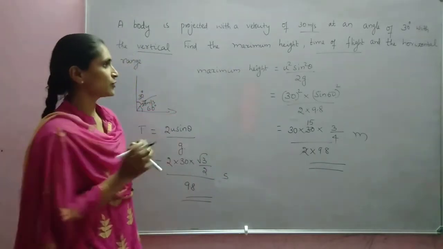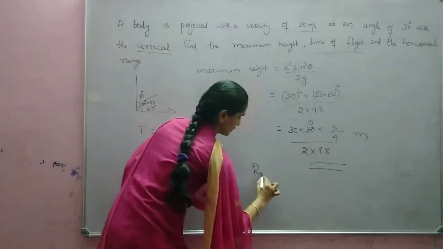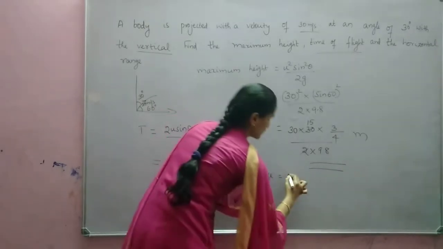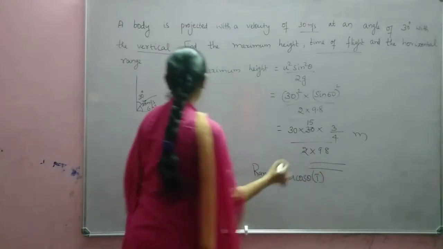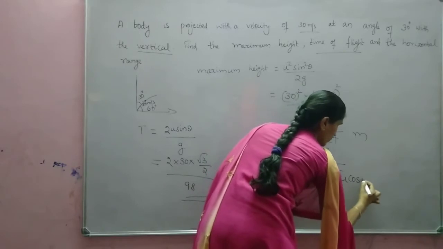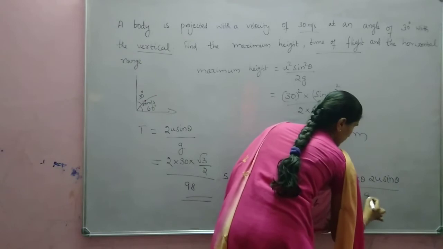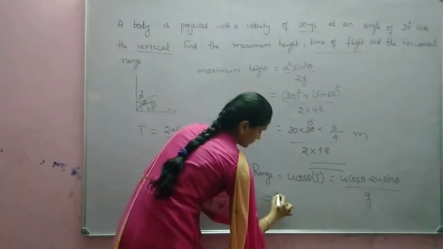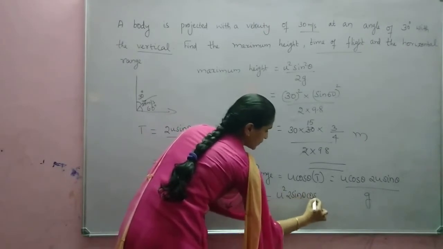Now one more thing is left. What you have to find? You have to find the horizontal range. What is the formula? Horizontal range is equal to u cos theta into time of flight. Time of flight is 2u sin theta by g. So you can write u cos theta into 2u sin theta divided by g, which is u square 2 sin theta cos theta by g.